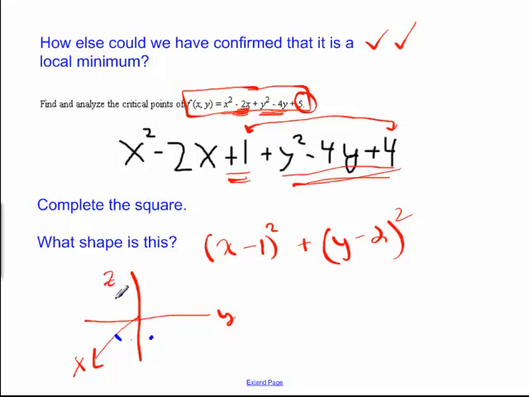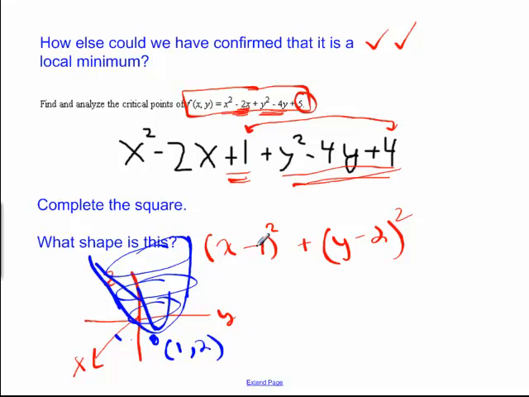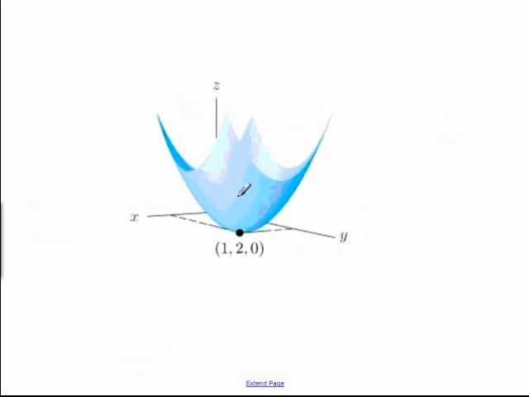And what we're creating is a three-dimensional parabola that looks something like that. And we can clearly see here that the minimum is occurring at the point 1, 2, which comes from the transformation that we were able to see once we completed the square. Here's a much better computer-generated graph of the same thing that I just drew.